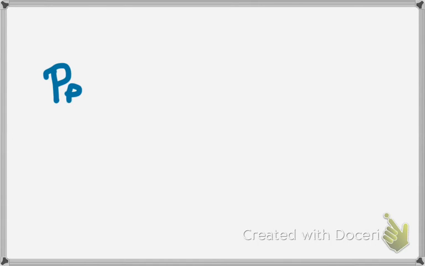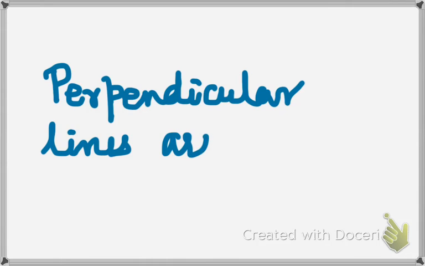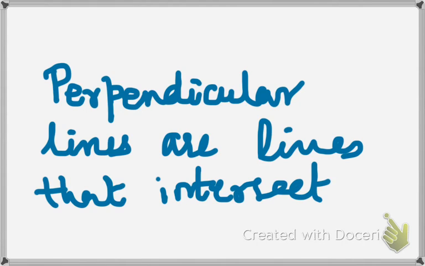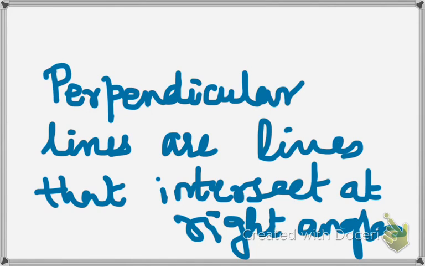Perpendicular lines are lines that intersect at a right angle, or at 90 degrees.